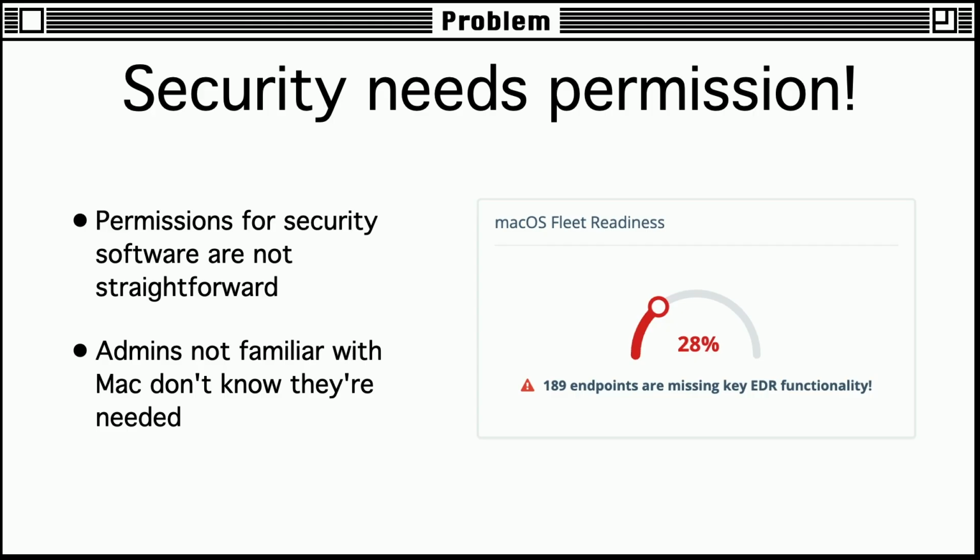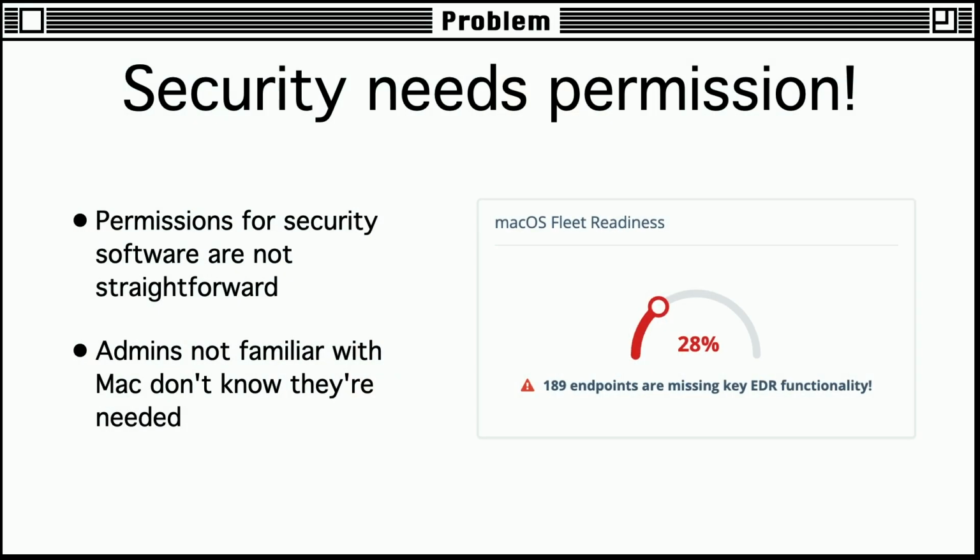Turns out, not so much. For about the last six or seven months, we've been looking at how many customers' endpoints are fully enabled, with all of the permissions necessary for the security software to run. And it was bad. You can see this was one where it was at 28%. Only 28% of their endpoints were actually getting what they were paying for. The rest of them were not fully turned on.